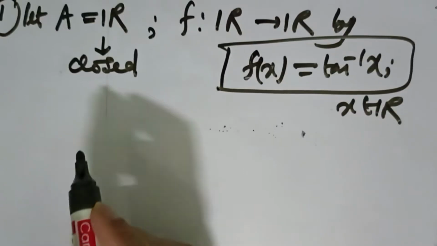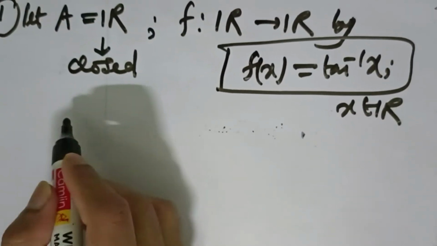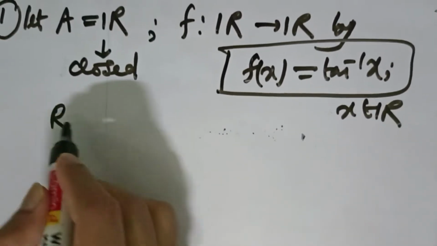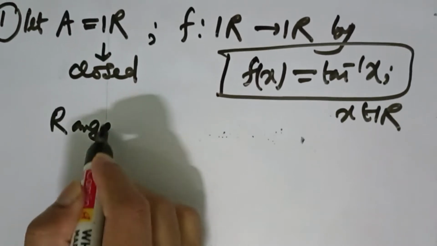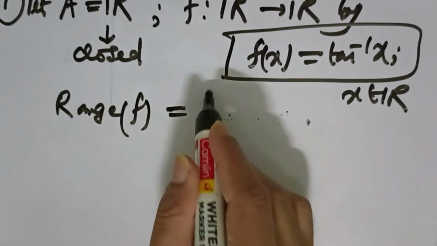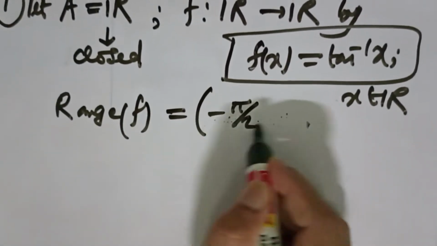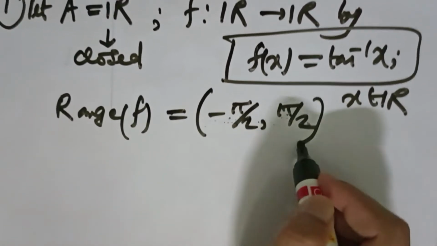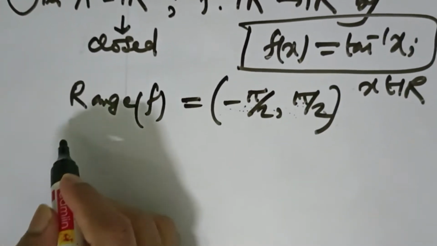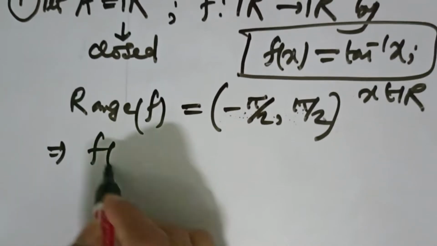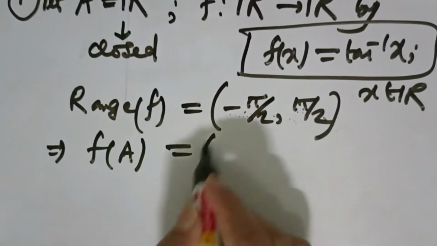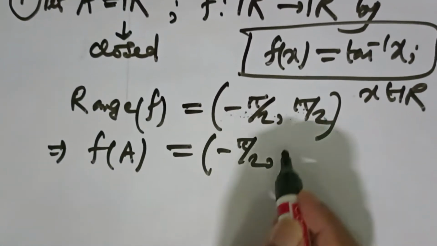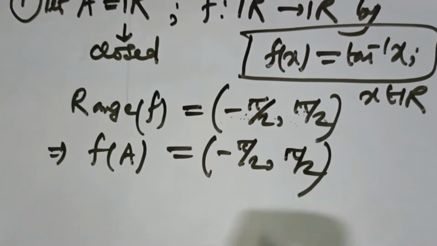What is this range? The range of this function is the open interval from minus π/2 to π/2. So f(A) gives the open interval (−π/2, π/2).